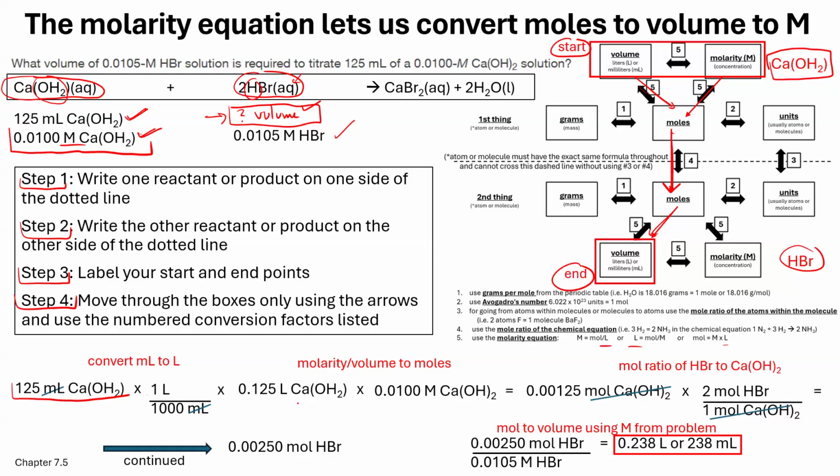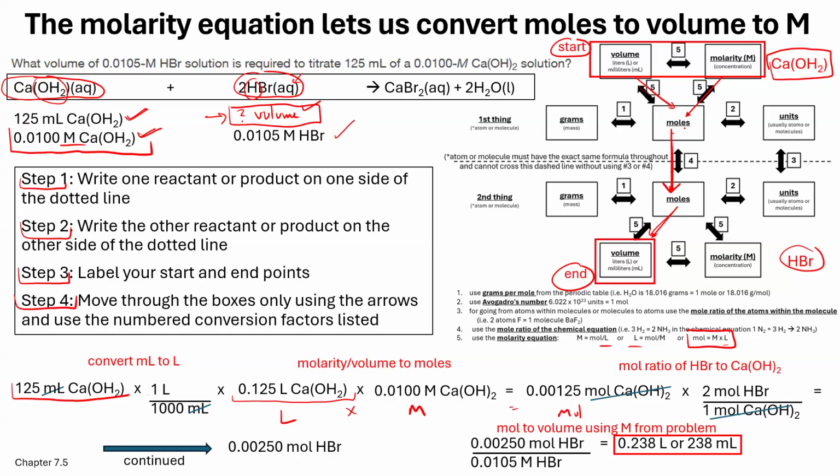The mils cancel out, so we're left with 0.125 liters of calcium hydroxide. We go down this first arrow and convert to moles. To convert to moles, we need to do molarity times liters. That's what we did, and this is now moles.